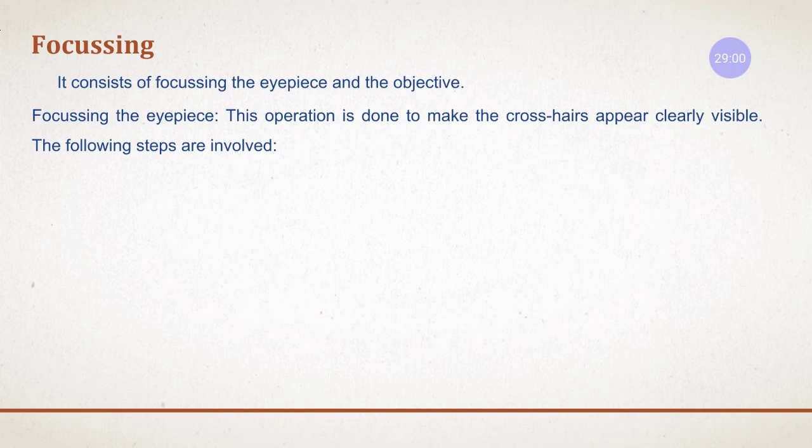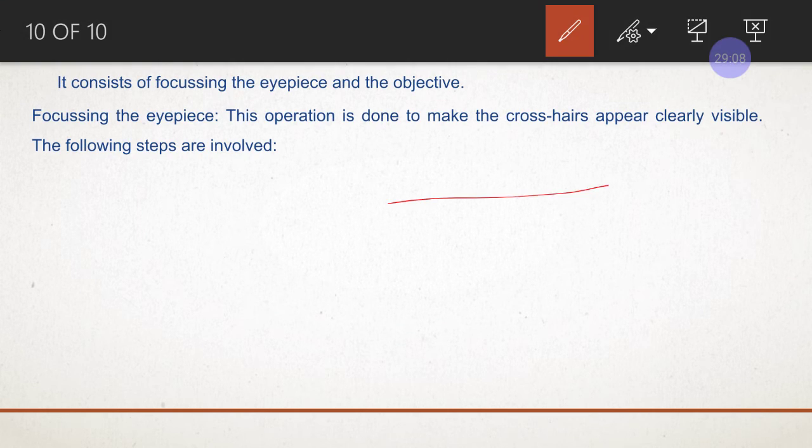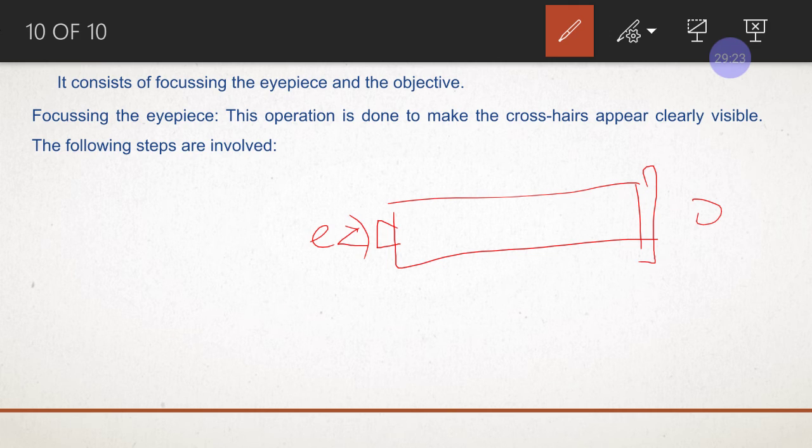So focusing is nothing but there is a focusing screw, right? I will try to explain here itself. If this is your theodolite, you have an eyepiece here. Here you have the object glass, right? This is O, this is E, through which you're going to look like this, right?